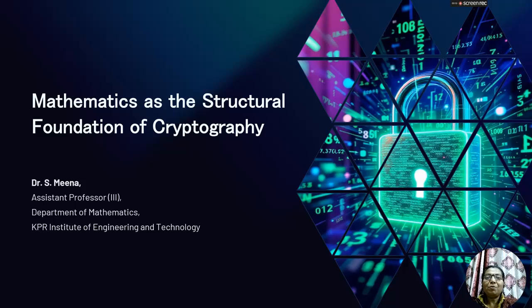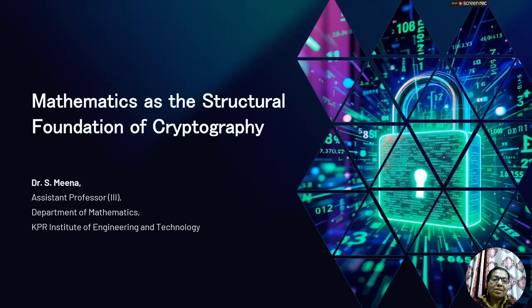In this video, I am going to present how mathematics is applied in the field of cryptography. Cryptography is a science of information that transforms information from plain text into ciphertext.